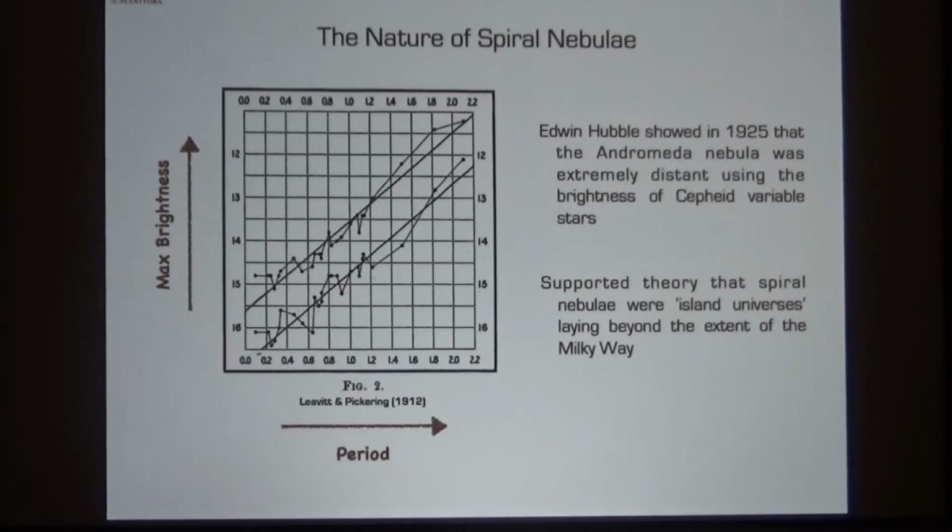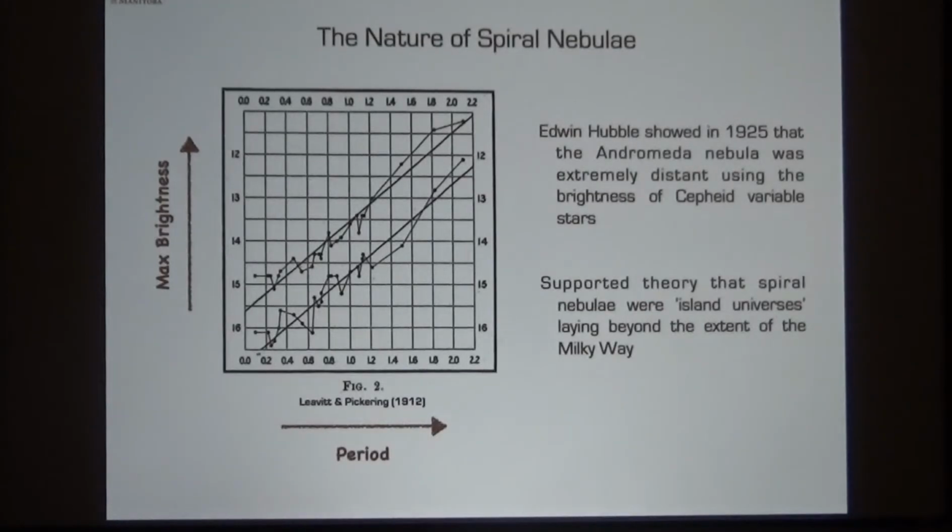So Edwin Hubble, who I believe people will probably know of from his famous telescope, he looked at the Cepheid variables in the Andromeda Nebula, one of the brightest of these spiral nebulae. And he noted that the implied distance to this spiral nebula was much, much greater than the believed size of the Milky Way at the time.